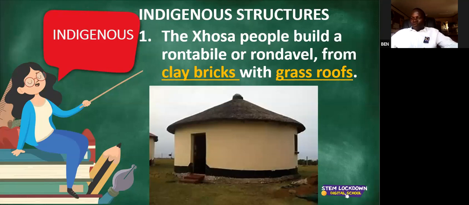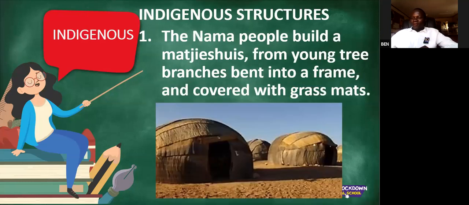Now I come to the Nama people. These people lived somewhere there in the Northern Cape. These Nama people, even in Namibia, we've got the Nama people. Now the Nama people built the matjieshuis. These houses were only built from branches.